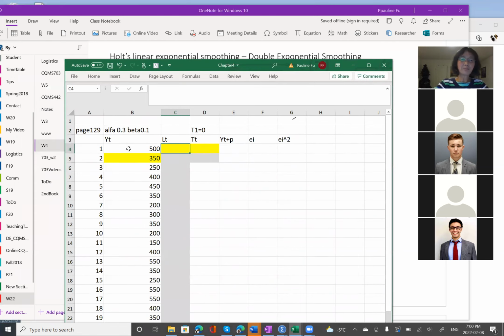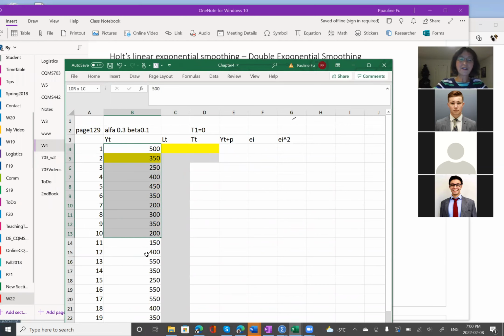So remember what those numbers are? Those are Y: Y1, Y2, Y3, Y4, etc. These are L: L1, L2, L3. Those numbers are T: T1, T2, T3, etc. This is the forecast: Y hat 1, Y hat 2, Y hat 3.